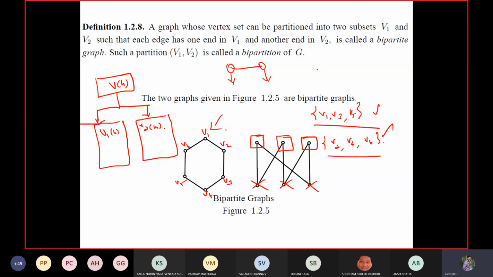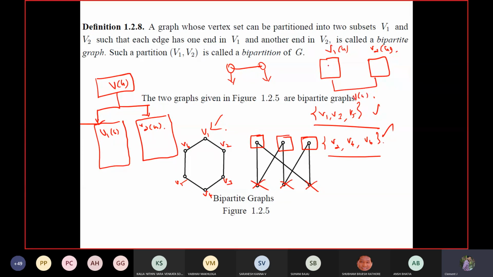Finally, you should have two subsets: the first subset is V1 of G, the second one is V2 of G. If you take the union of V1 and V2, you should get the original V of G. So it follows the condition that one end is in V1 and the other end is in V2.